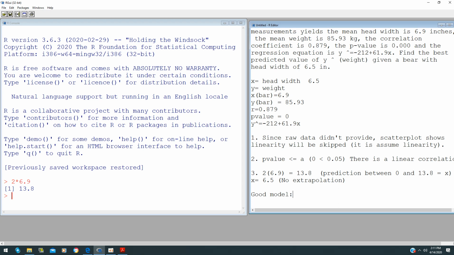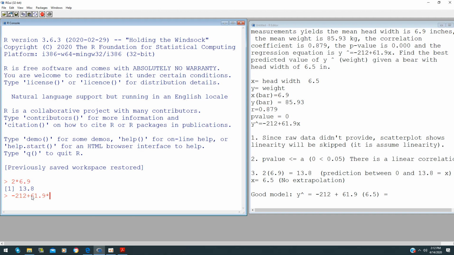Since this is a good model, you can use the y hat equation, negative 212 plus 61.9 times x. X in this case is 6.5. You can use a calculator to figure this out, or you can use R.